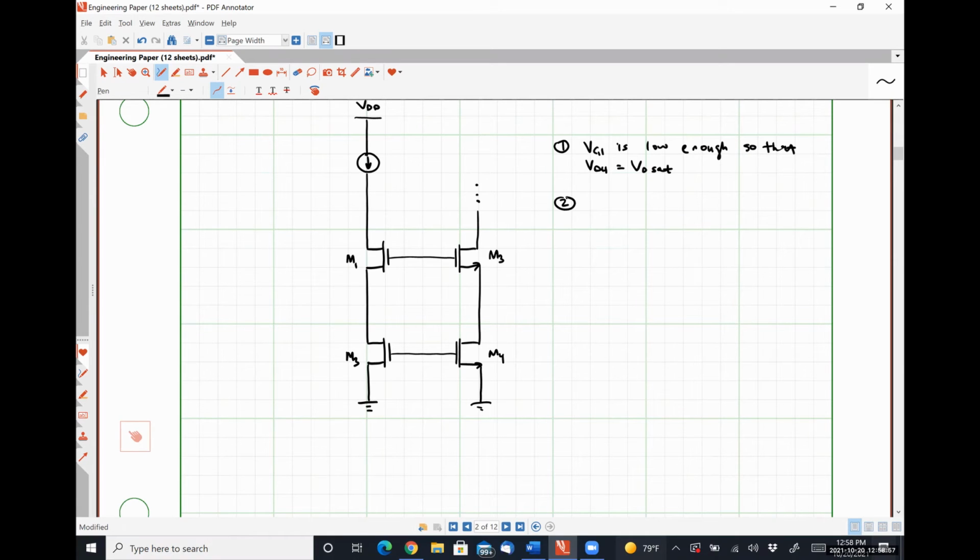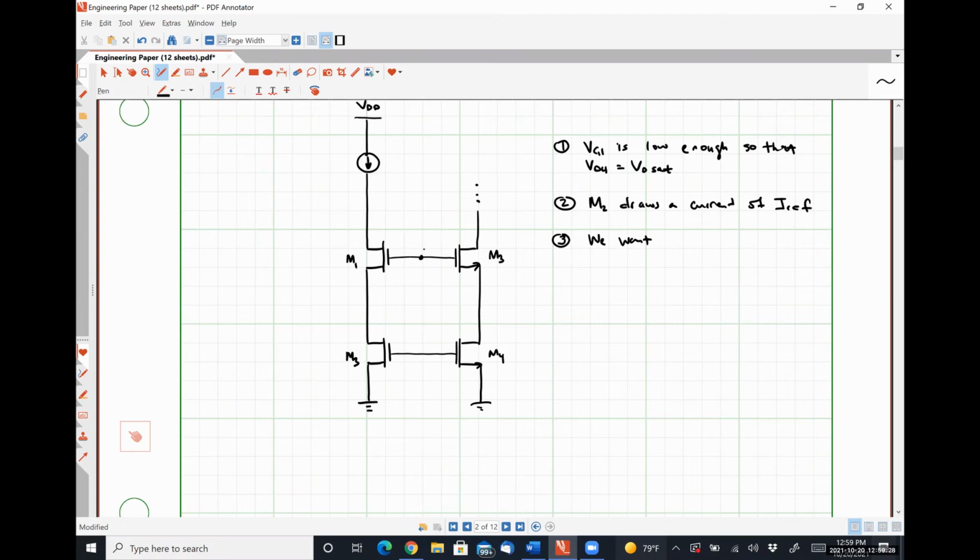Second goal is that M2 draws a current of IREF. So we want this thing to continue to act as a current mirror. Very important caveat for this current mirror. And thirdly, let me label these guys real quick.